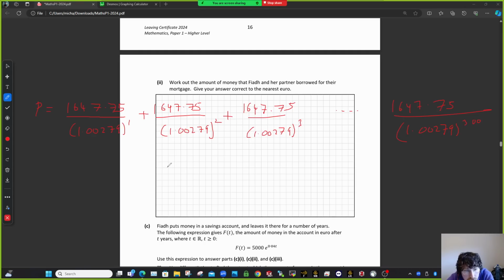So in this scenario here, it's an Sn formula. There are n equals 300 terms. A equals the first term there, 1647.75, and then n, or I've already done n, so r equals 1 over 1.00279.